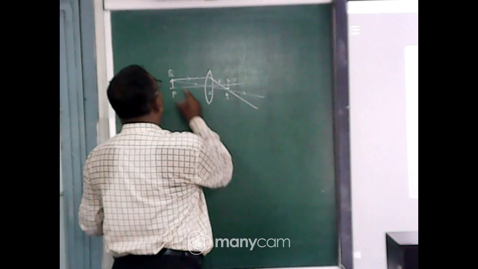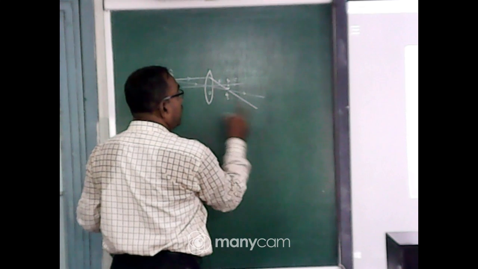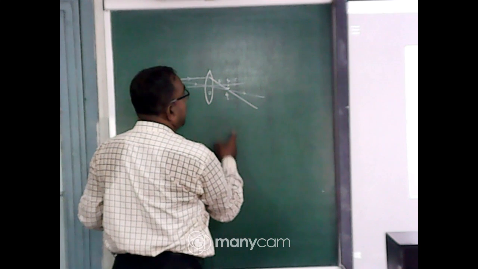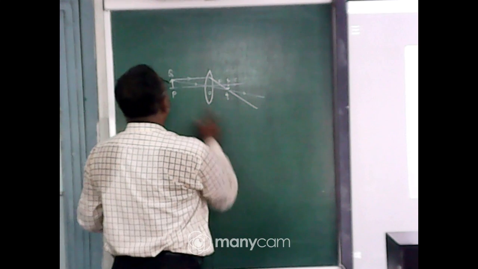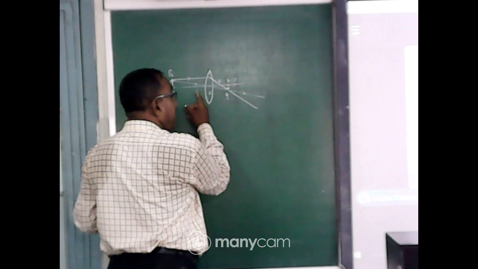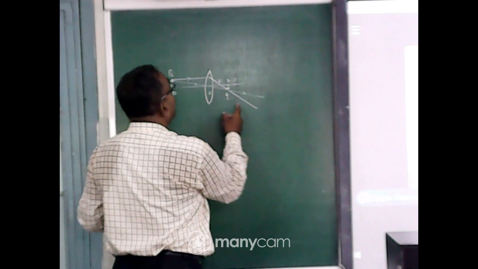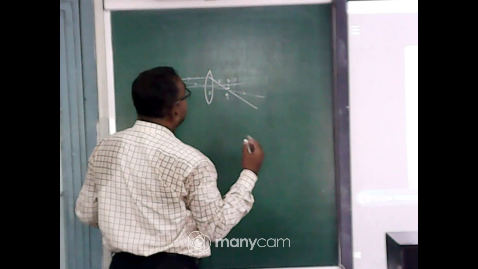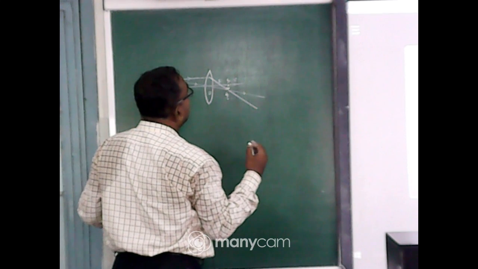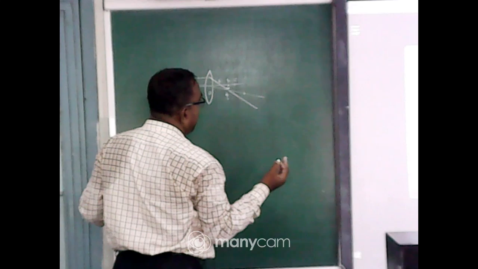If the object is placed on the C, image will form on the C in opposite direction, same size and real. If the object is placed in between C and F, image will form beyond the C, and nature is real and inverted and larger in size.